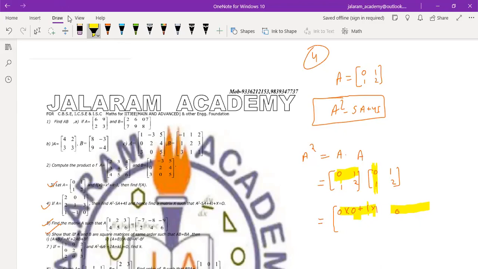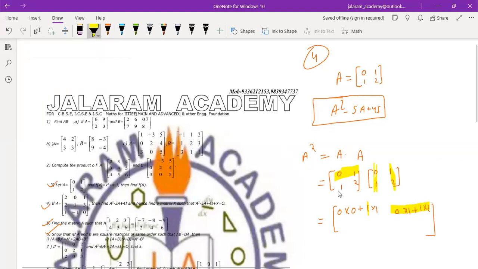For the second element, first row of first matrix is multiplied by second column. So 0 into 1 plus 1 into 2.